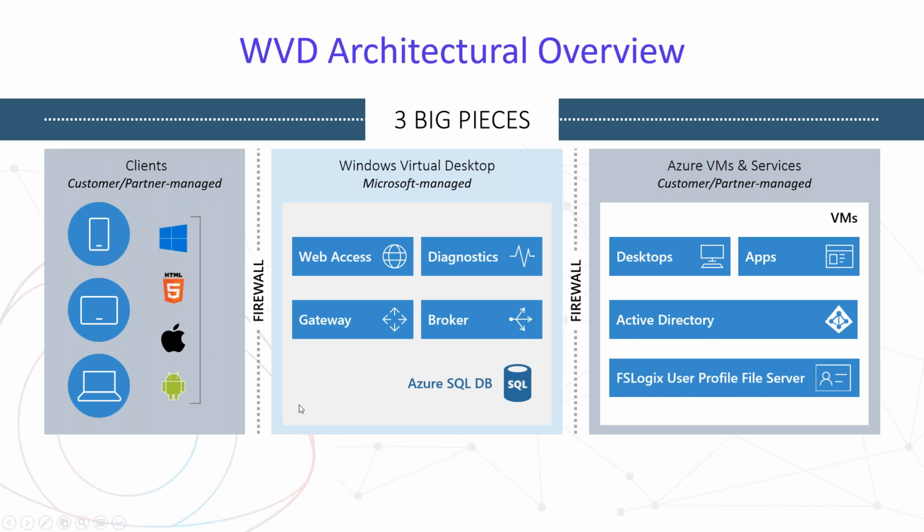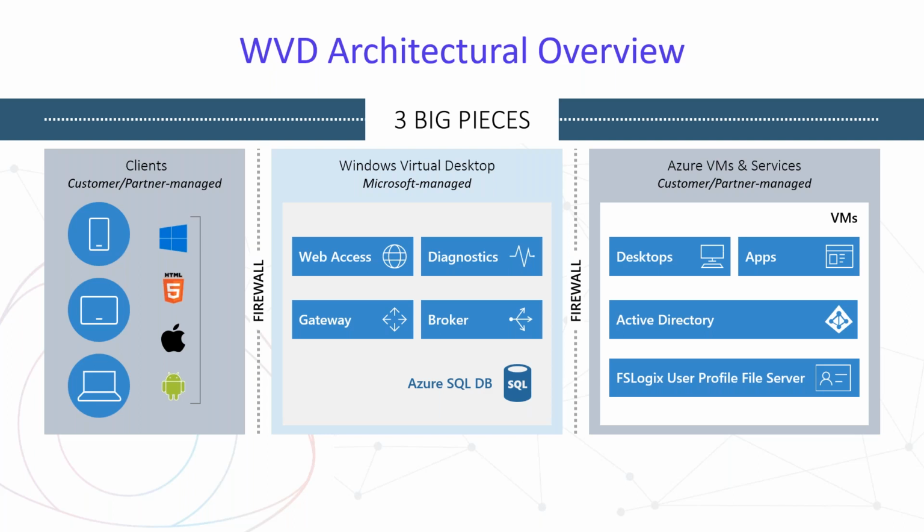Now, this middle piece is probably the most important change when it comes to the WVD side. If you have experience in managing Citrix or RDS environments, and in some respects even VMware Horizon, there is a management layer that you have to manage on premises for them, to make sure that things are running well, how you present it externally, how you load balance it, and so on.